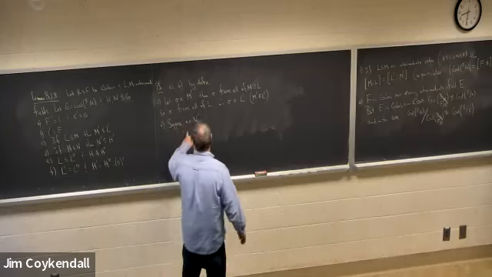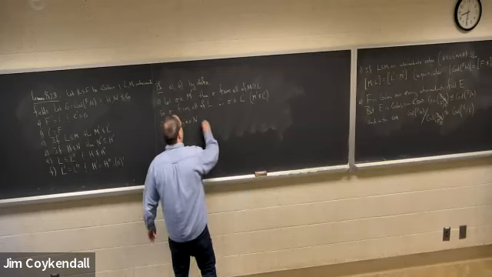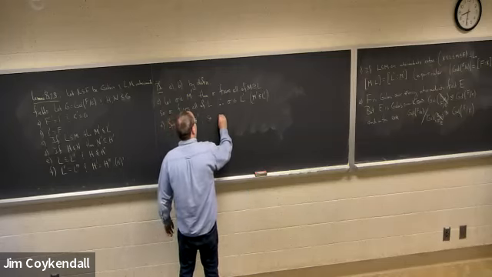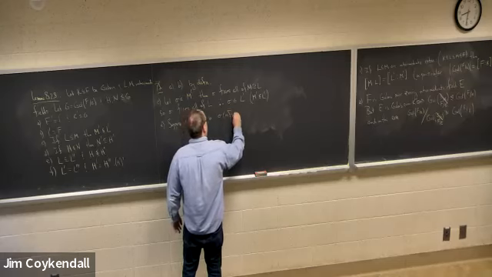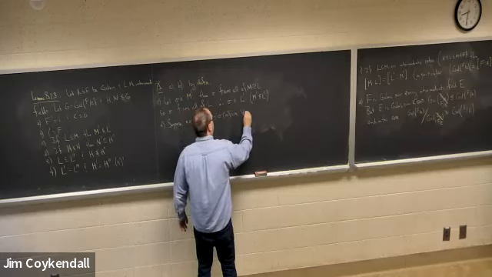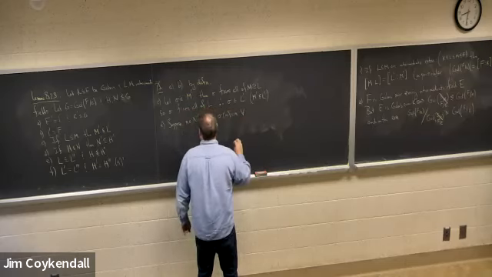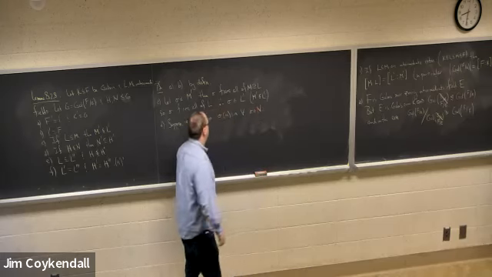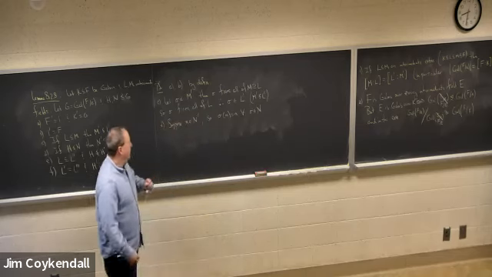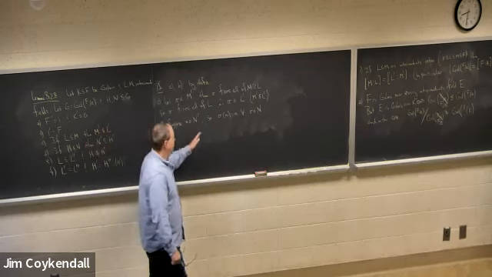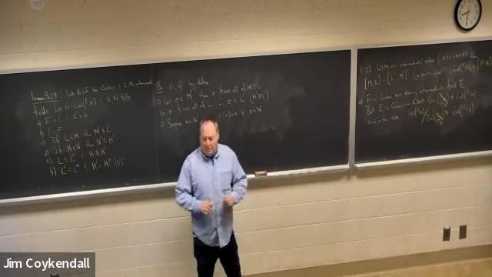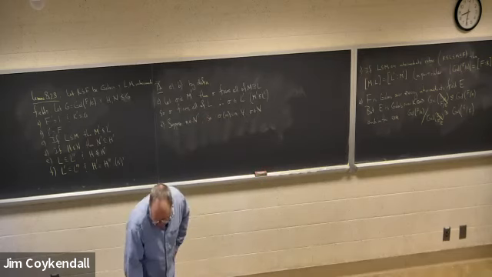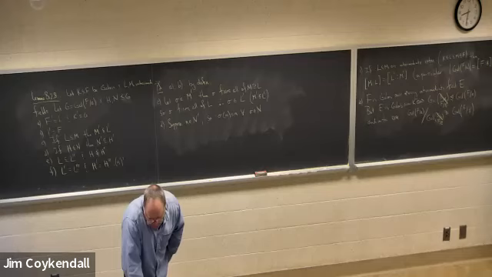So what does this mean? What it means to live in N prime is that this element is fixed by every automorphism that lives down in the subgroup N of the Galois group.